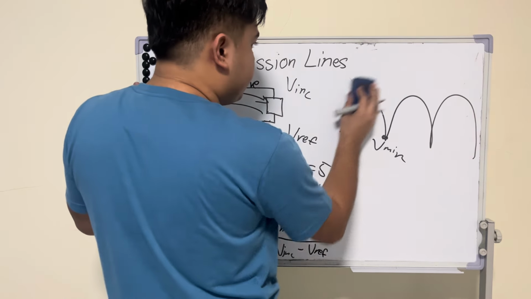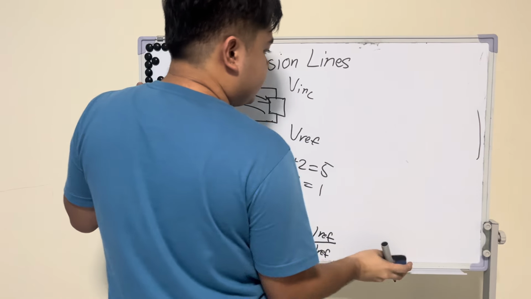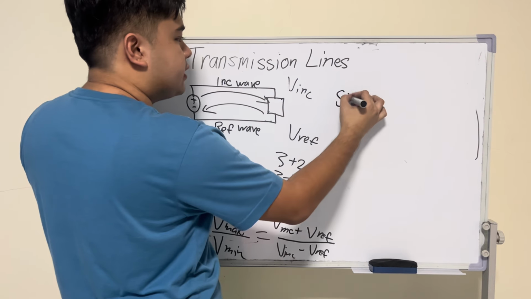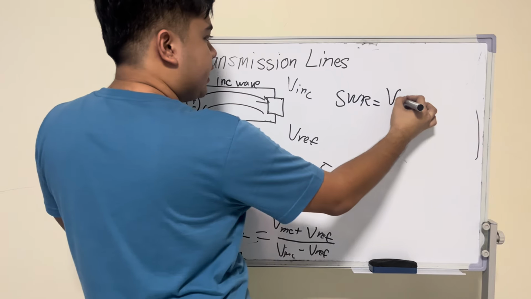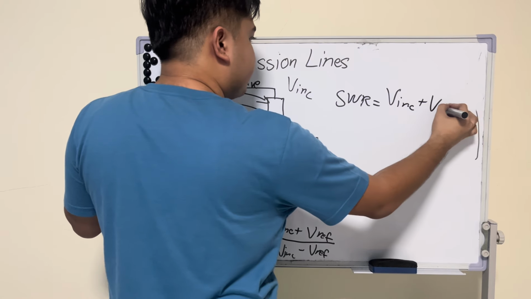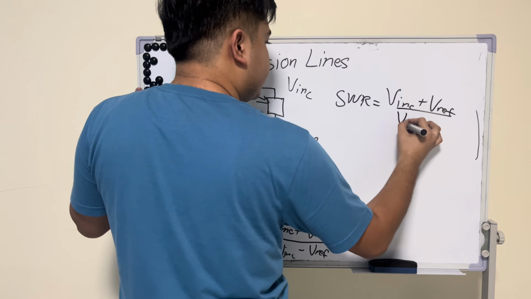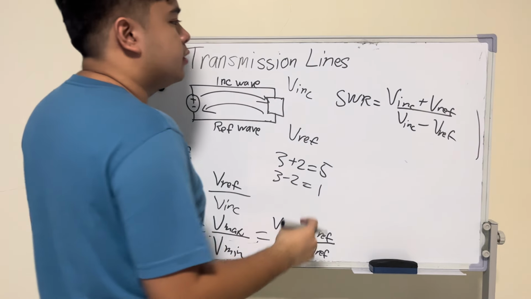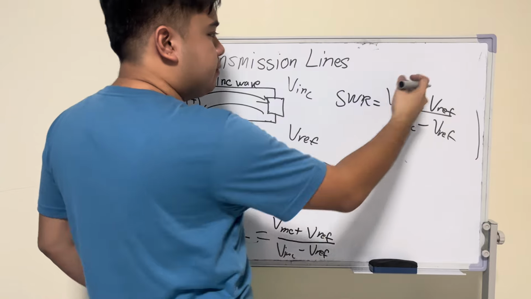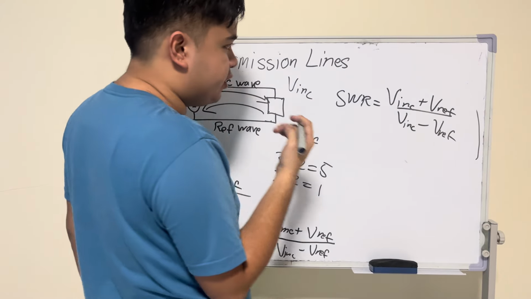Alright, let me rewrite the formula on top. You see, the SWR is V incident plus V reflected over V incident minus V reflected. We can divide both the numerator and the denominator by V incident.